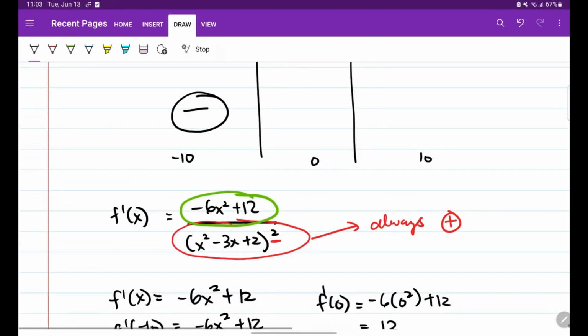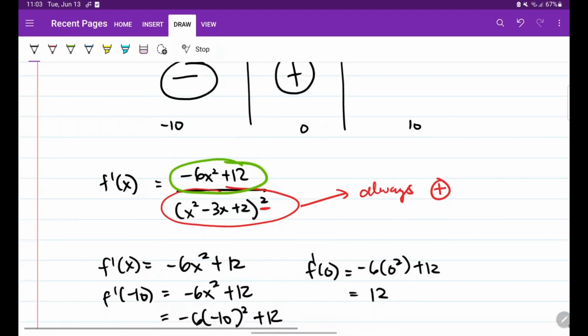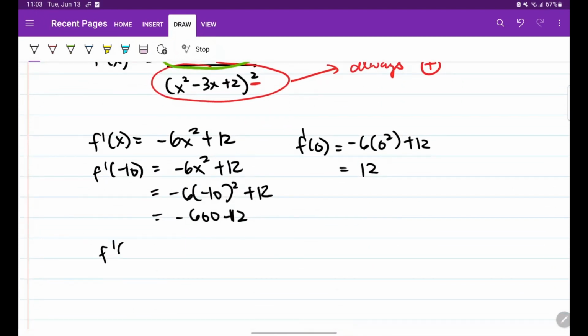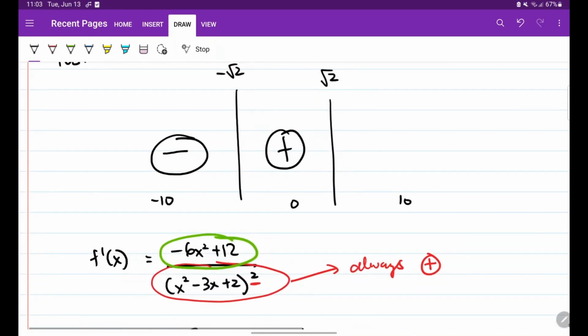No? So let's just put a big positive sign there. And kung 10 naman, so let's say f prime of 10 is equal to negative 6 times 10 squared plus 12, and this is again negative 600 plus 12, no? And this is clearly negative, so we put a big negative sign there.